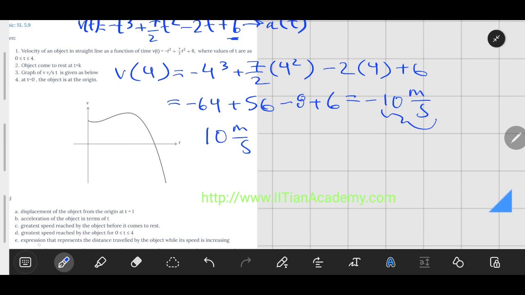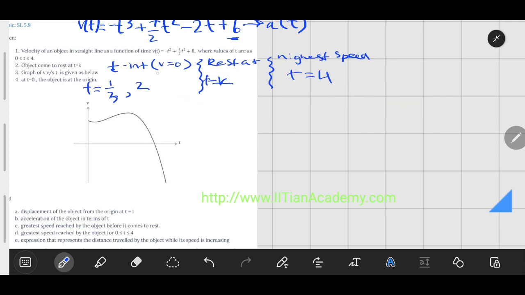For the last question, we are asked to create an expression that represents the distance traveled by the object while its speed is increasing. So what we know from our previous calculations, our t-intercepts, where our velocity is 0, are 1 over 3 and 2, where t is 1 over 3 and 2.